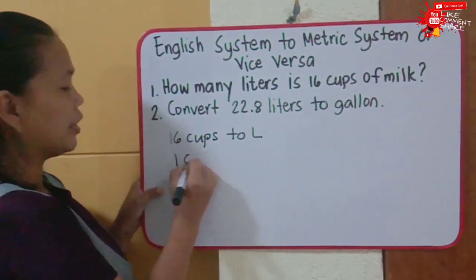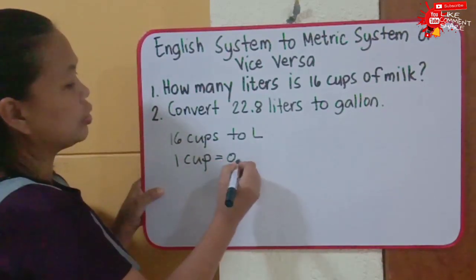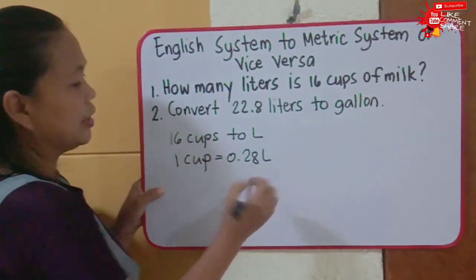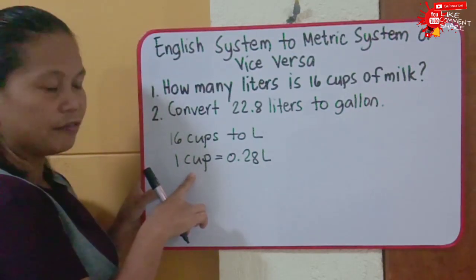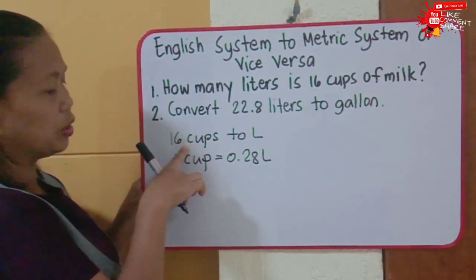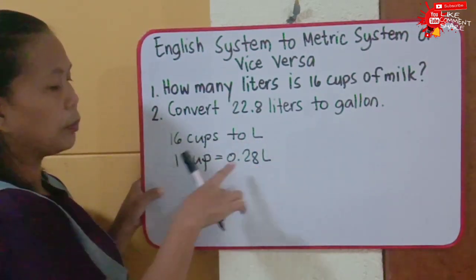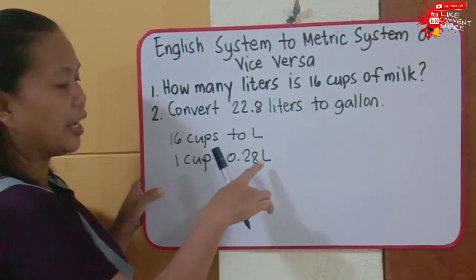We can use 1 cup is equal to 0.28 liter. Since this is our conversion factor, we have 16 cups to liter, and 1 cup is equal to 0.28 liter.